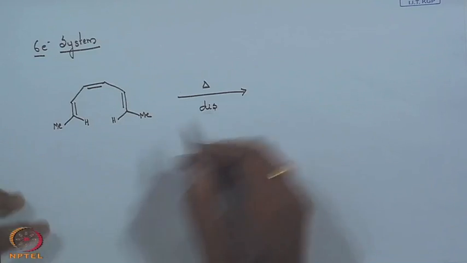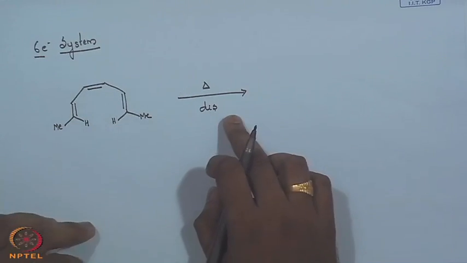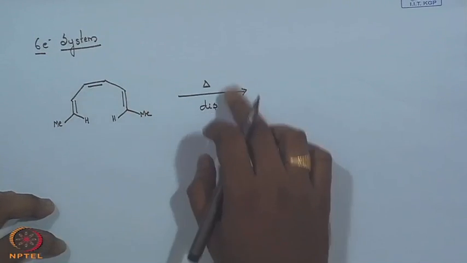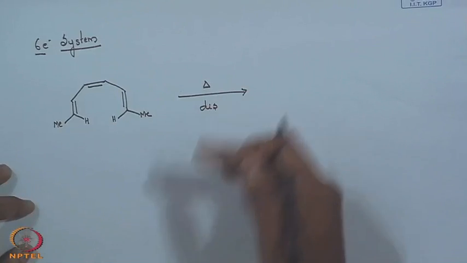Tell me what closure it will be, whether it is conrotatory or disrotatory. First, you have to understand what system it is. It is not a 4n, it is a 4n plus 2 electron system. So, for a 4n plus 2 electron system, on heating gives you what mode? What does the Woodward-Hoffmann rule say? Yes, it is dis. For a 4n system on heating it is con, for a 4n plus 2 system it should be the other way around, it should be dis.